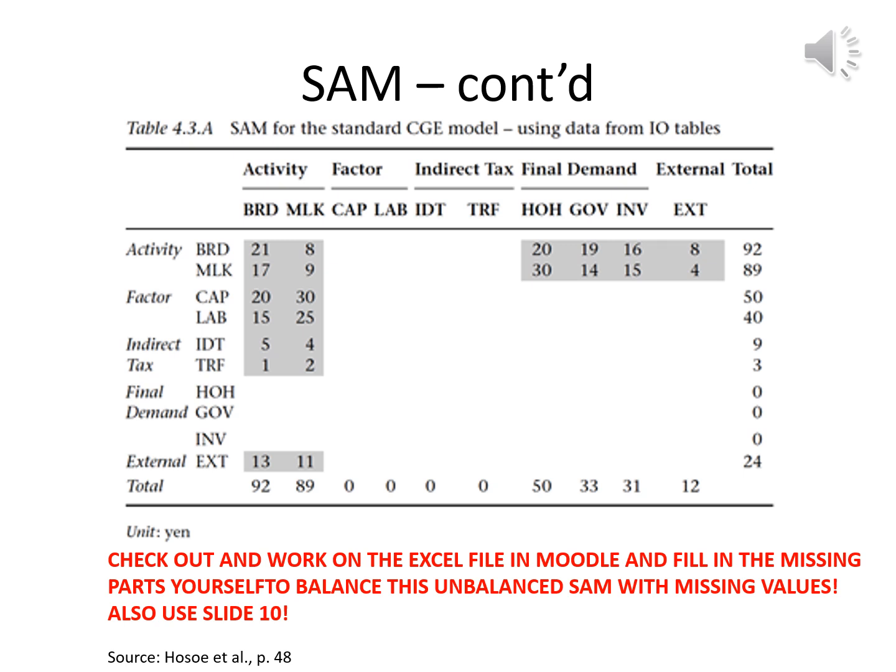For example, if you look at the factor account, the factor row for capital is 50, and for labor it is 40. But if you look at the factor block, capital and labor, these are 0 because there's no data available in the column. So we have to solve this problem. And then a similar story for indirect taxes. The row sums are 9 and 3, but the column sums, because you don't see any numbers there, are 0.